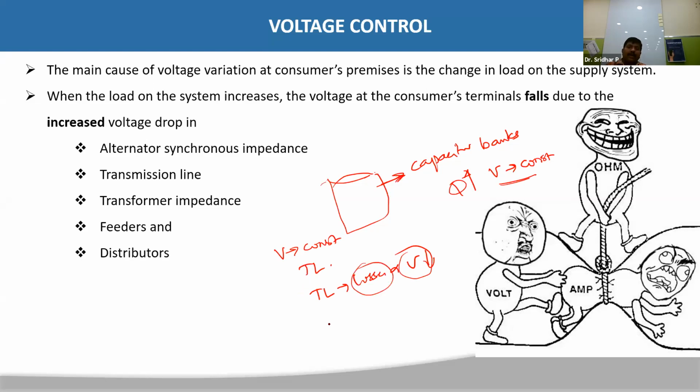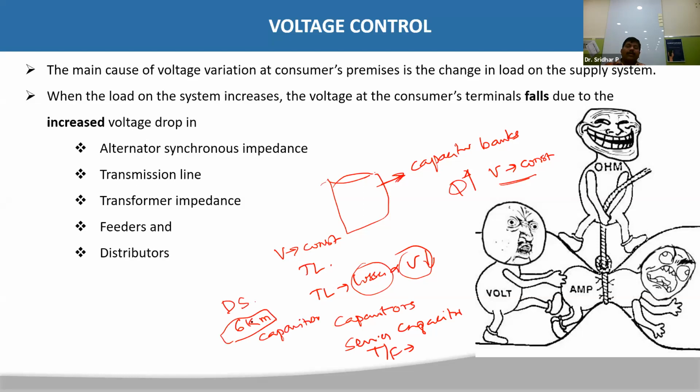In view of this, at regular intervals, capacitor banks or series capacitors and transformers are placed. If the voltage is not maintained properly, transmission line losses will increase, so that is the reason these capacitors are placed in the transmission line at regular intervals. As per my knowledge, if I am not wrong, especially in the distribution system, capacitor banks are placed at regular intervals of 6 kilometers, because this is an ideal distance.